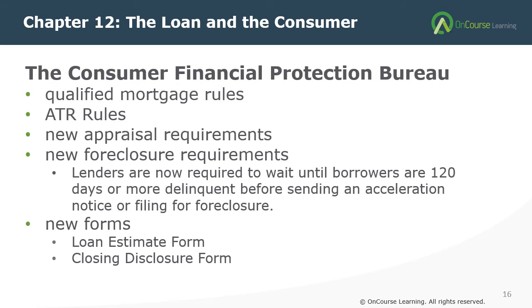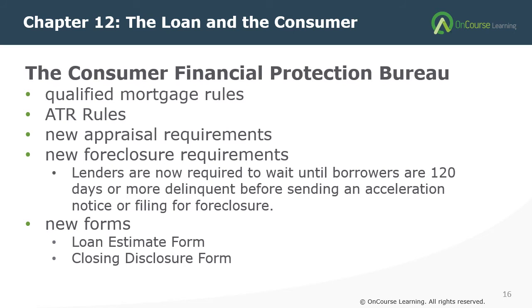The smaller this number, the better. New appraisal requirements are put in place for certain higher priced loans. There are new foreclosure requirements: lenders are now required to wait until borrowers are 120 days or more delinquent before sending an acceleration notice or filing for foreclosure.